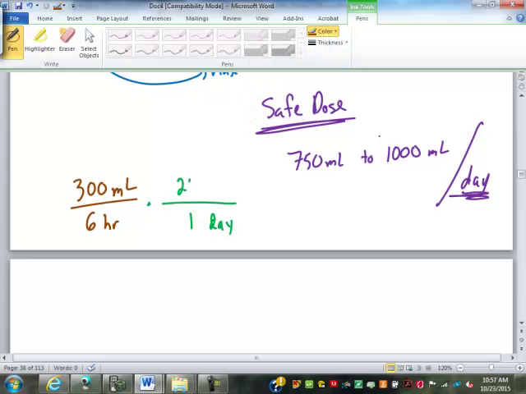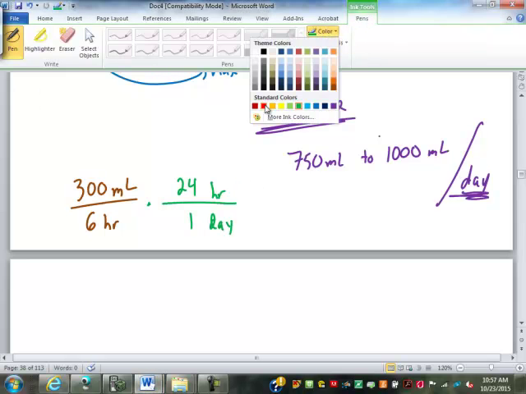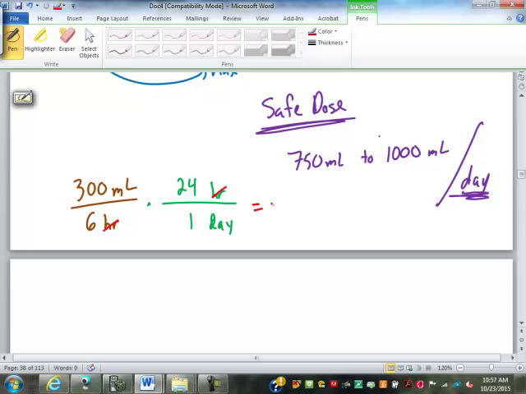Well, 1 day is 24 hours, so the hours will cancel. 300 times 24 is what? 7,200 milliliters over 6 hours. We divide that out. What's 7,200 divided by 6? 1,200 milliliters per, oops, that'd be days down there, not hours. It'd be 1,200 milliliters per day.